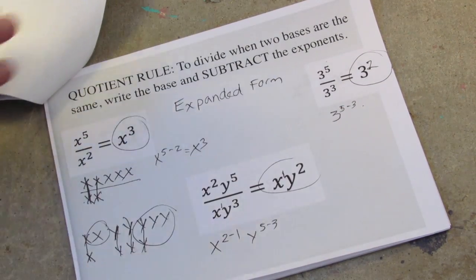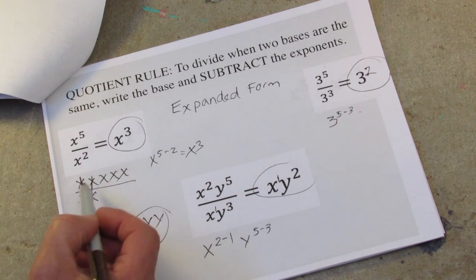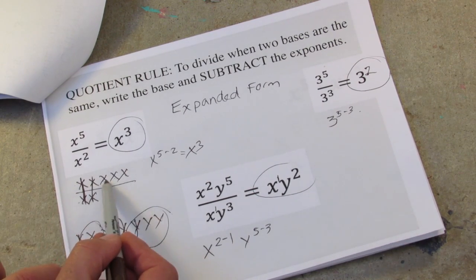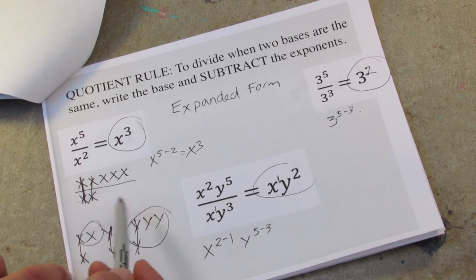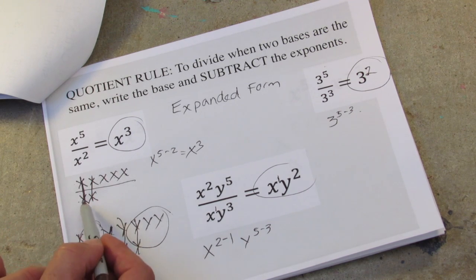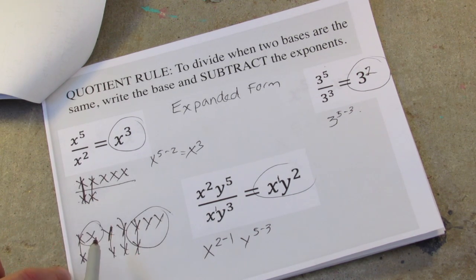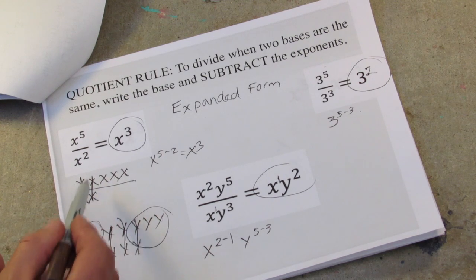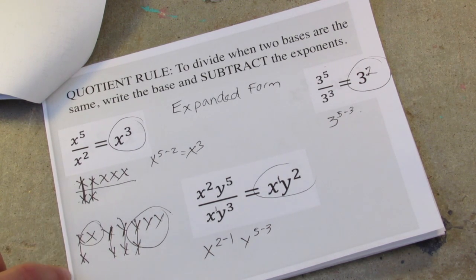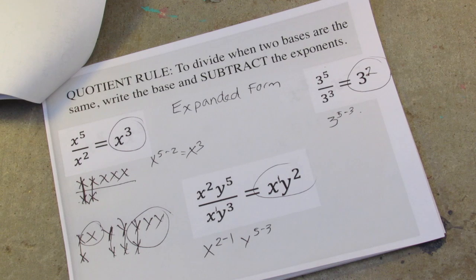So let's look at this. If I expand this, this is x to the 5th power, 1, 2, 3, 4, 5 in the numerator, and x squared in the denominator, 1, 2, or x to the 2nd power. Now I can cancel an x over an x, and then it will equal 1. Any number over itself, of course, equals 1. And a variable over itself also just simplifies to 1.